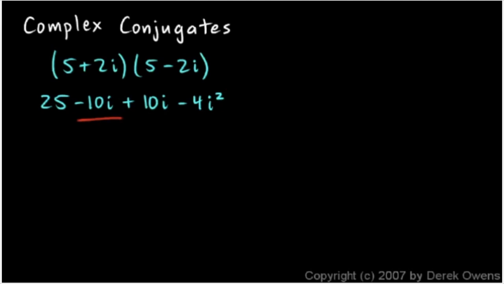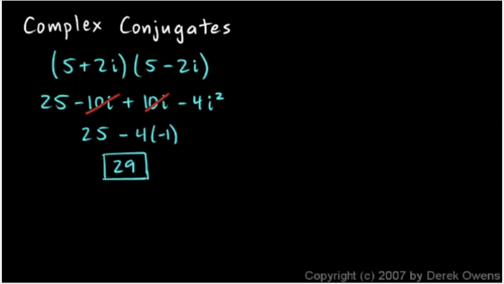Now notice that the negative 10i and the positive 10i cancel out. Also remember i squared is negative 1. So I have 25, and then minus 4 times negative 1. That's the same as 25 plus 4, which is 29. So that's my answer. I multiplied these two complex numbers together, and I got 29.